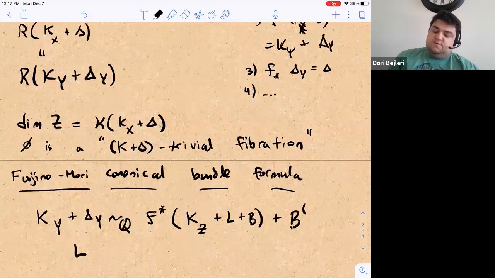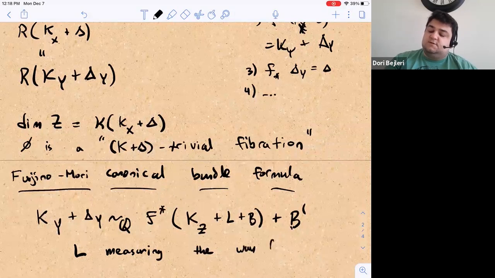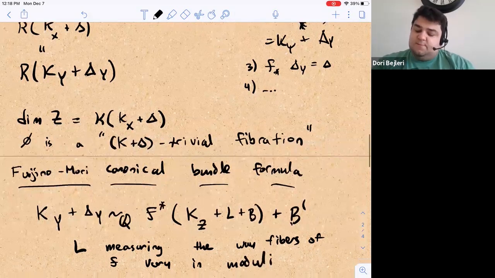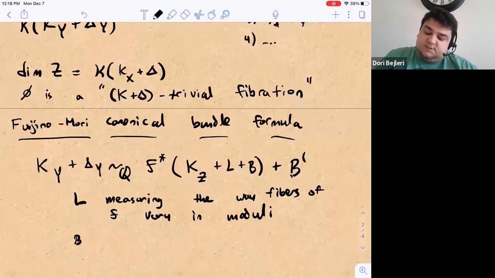But L, if you remember from the elliptic surface case, L was roughly measuring the way the fibers of f vary in moduli. And B was measuring the singularities of the fibers.